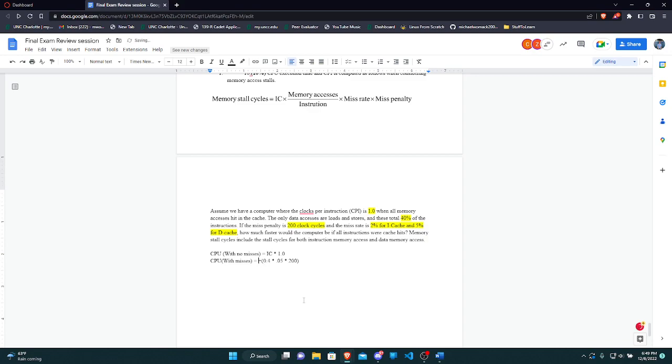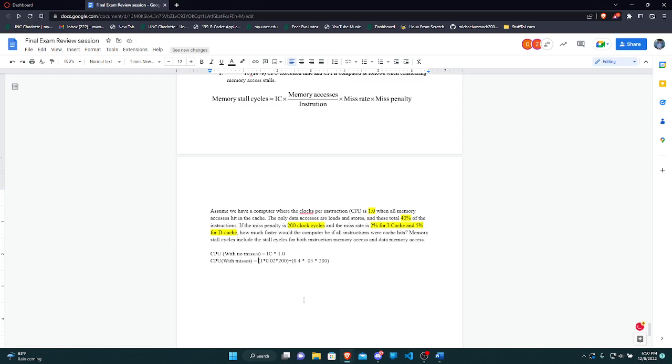Now we also need to add that to our miss penalty for any other type of instructions, so it would be 200 times 0.02, and then another, yeah, it has it as 1, but I feel like if the other one's 40, then this should be 60, but I'll do it as 1.